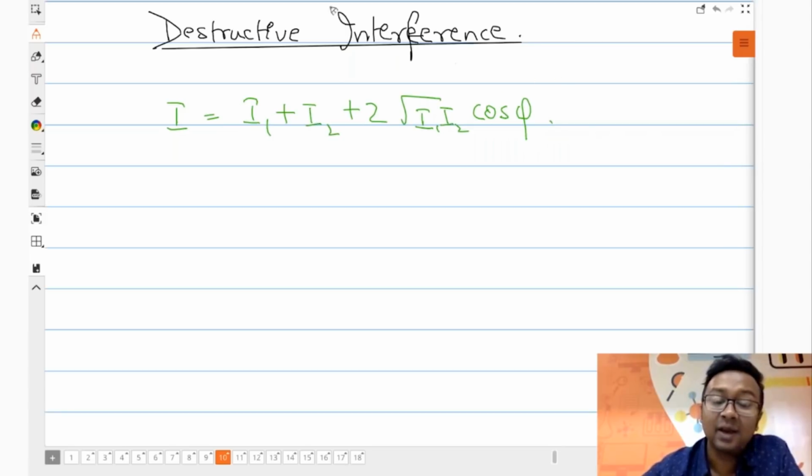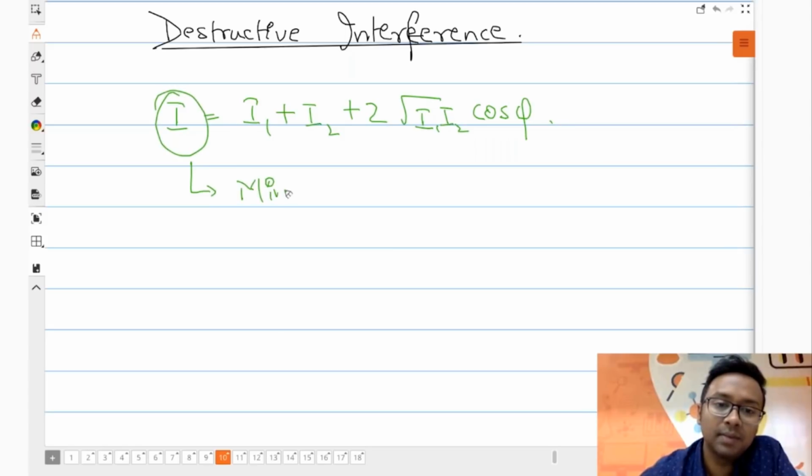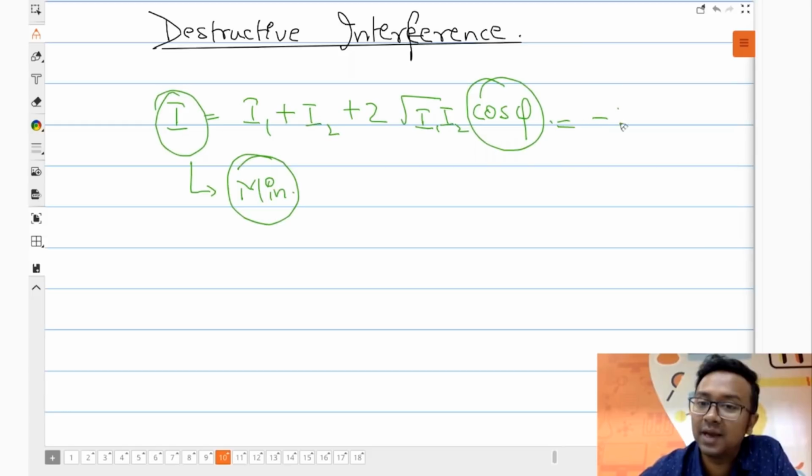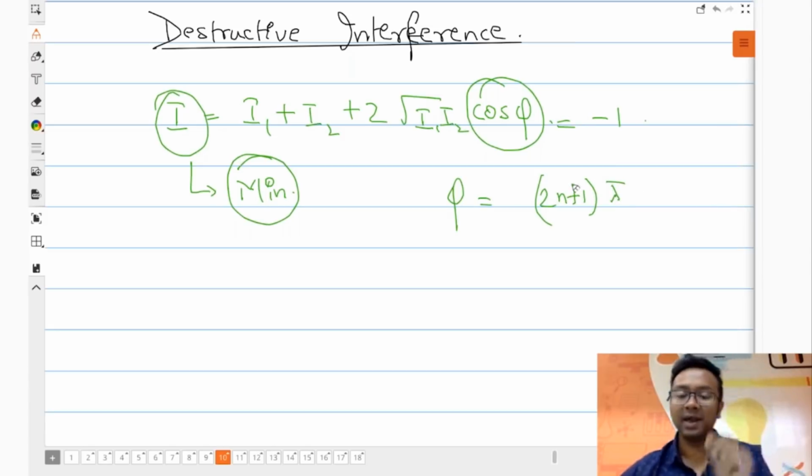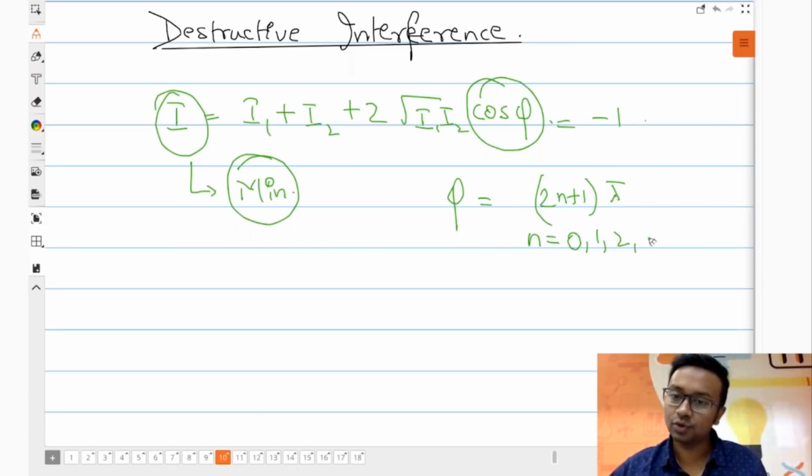All right, destructive, that means I is minimum. So when it is minimum, then cos phi should be equal to minus 1. So phi should be equal to 2n plus 1 pi, where n starts from 0, 1, 2, 3, and so on.